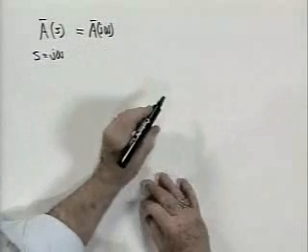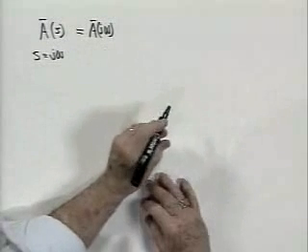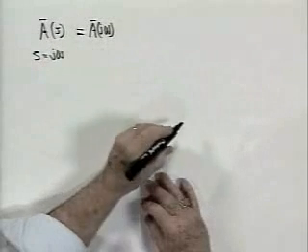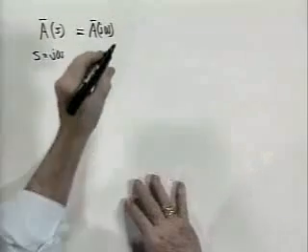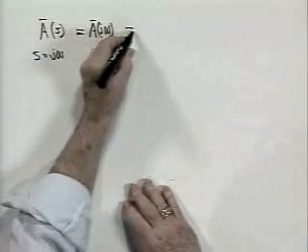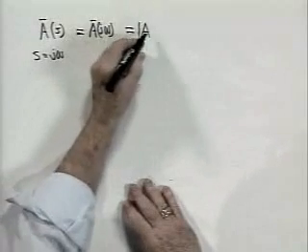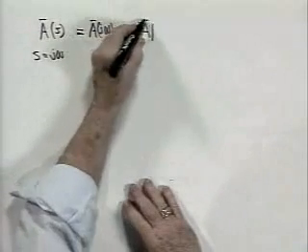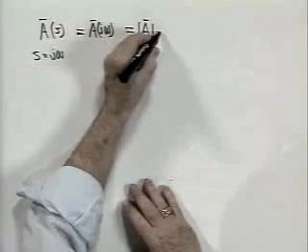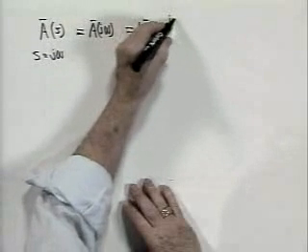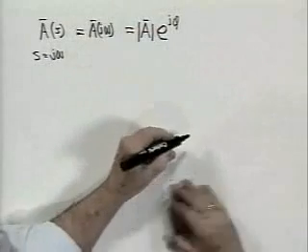It needs to be represented in polar form in order to think easily about how a Bode diagram looks. So we need to represent this complex number in terms of a magnitude, A bar, and an angle, which I'll represent as e to the j phi.